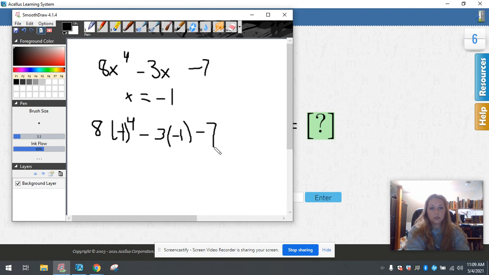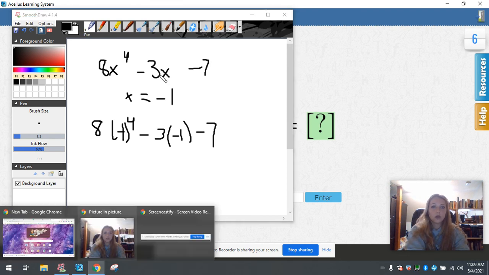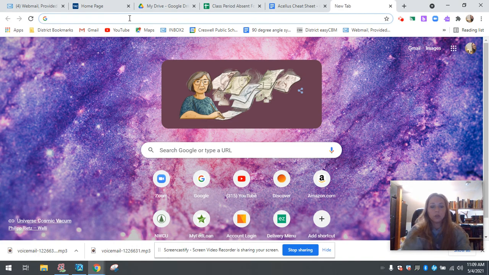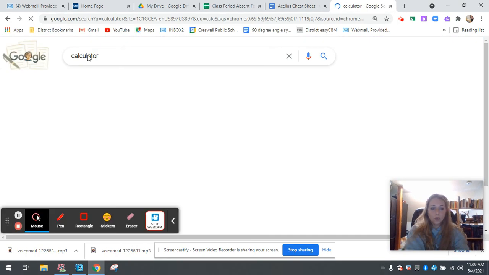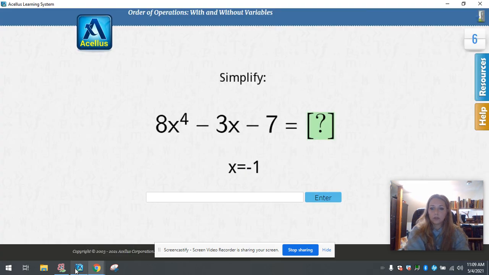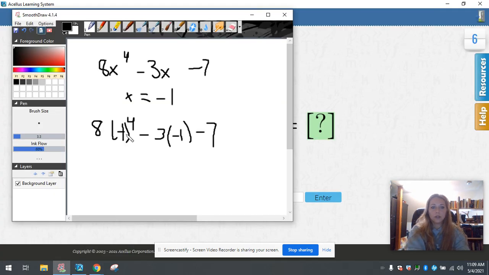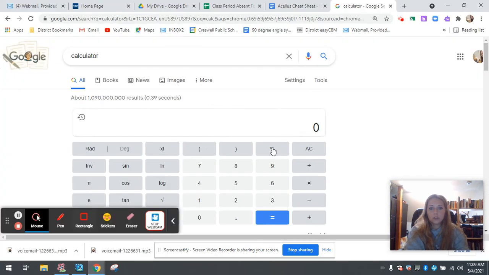And if you don't know some of these, you can always use your calculator. Just a reminder, you can go to Google, go to calculator. We're going to solve the exponent first because there's nothing inside of the parentheses to solve. So negative 1 to the power of 4 is our first step.